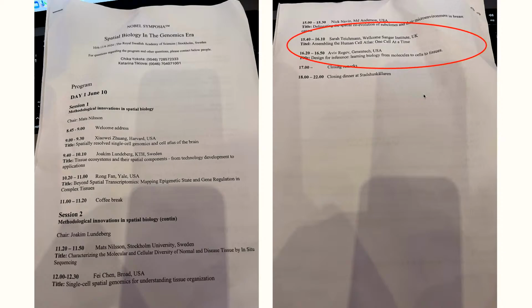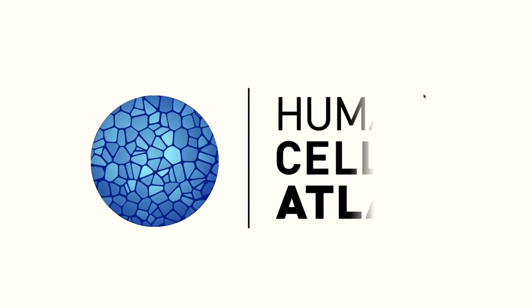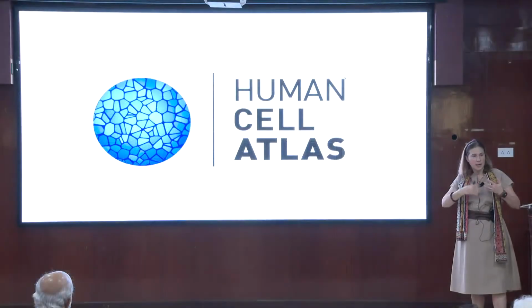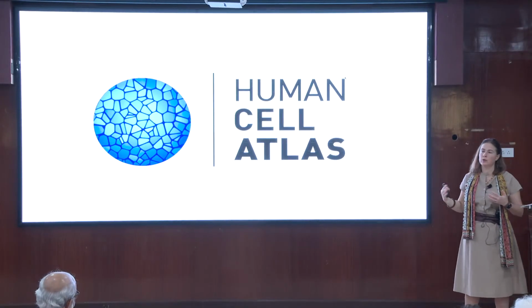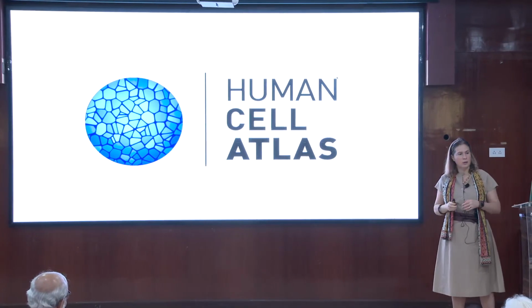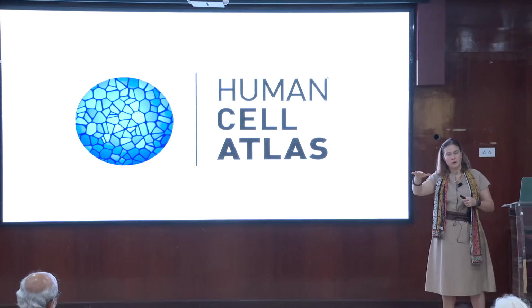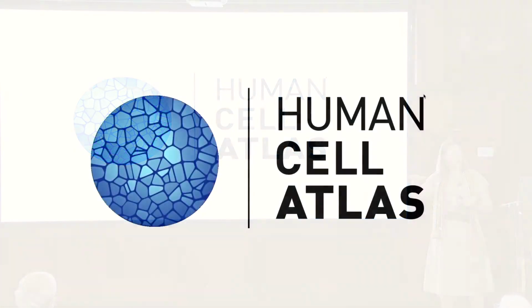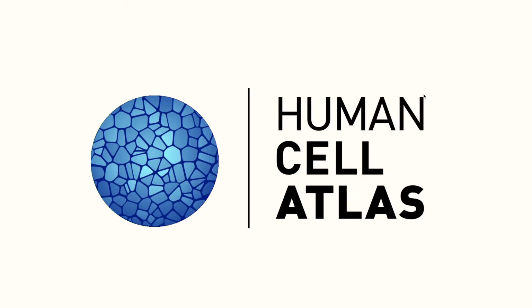And Aviv and I gave a talk in the last session, as you can see up there, about applications of technologies. And of course, that's really important for the Human Cell Atlas initiative, because now these technologies are so mature that we can really apply them at scale in terms of spatial transcriptomics and multiplex imaging methods.